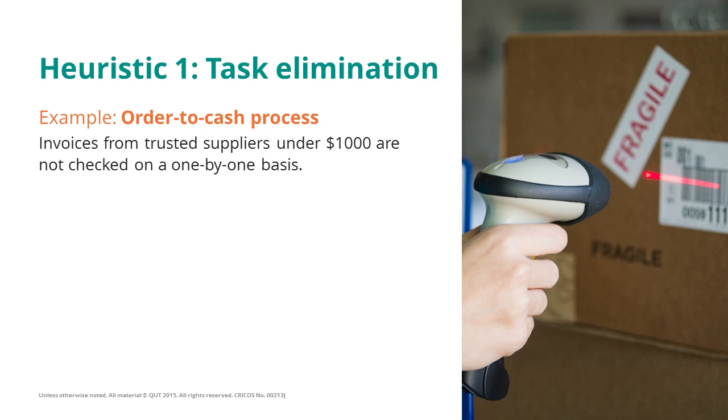When we receive invoices from those trusted suppliers that are below a certain threshold, we do not check them, at least not on a one-by-one systematic basis. Instead, we let them through and we perform a statistical control every so often to determine if there are any cases where we have paid an invoice to a supplier, meaning an invoice below the threshold of 1,000, that we shouldn't have paid.